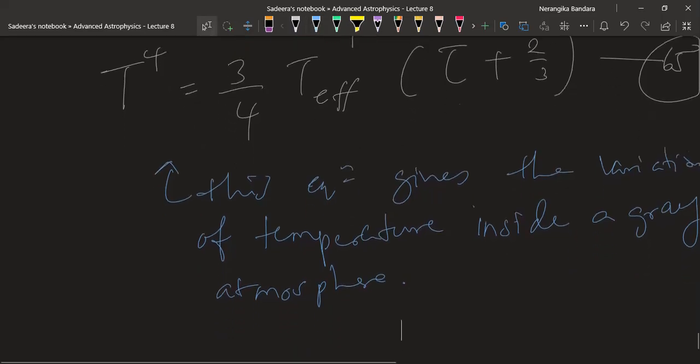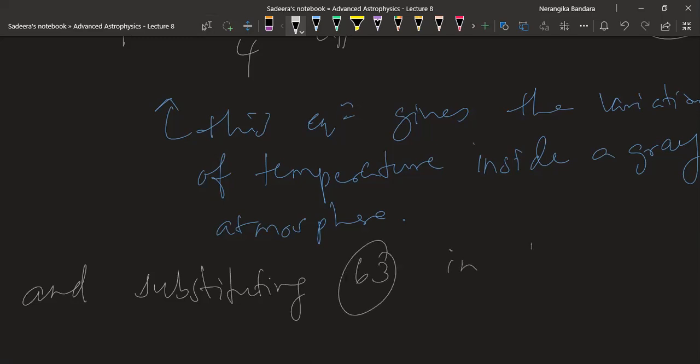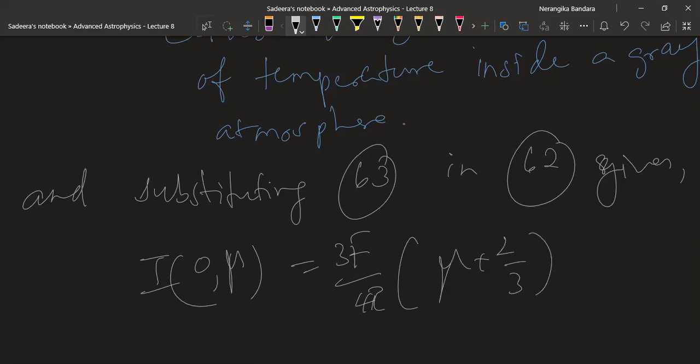You're not done yet. And substituting equation 63 in 62 gives I of 0 equal to 3F divided by 4 pi and that.